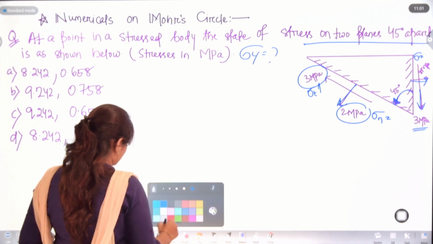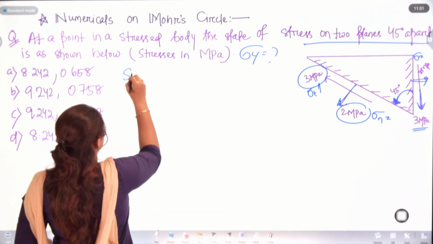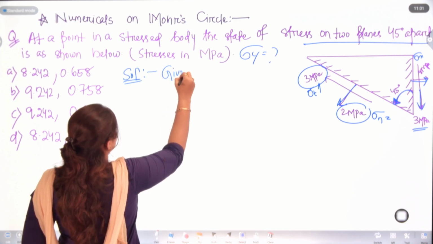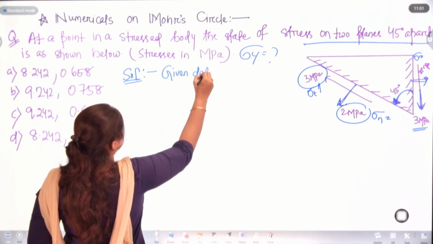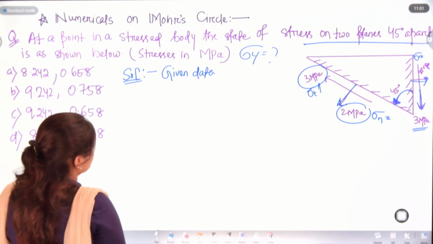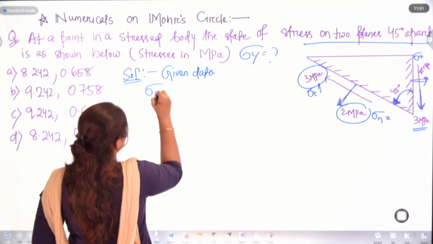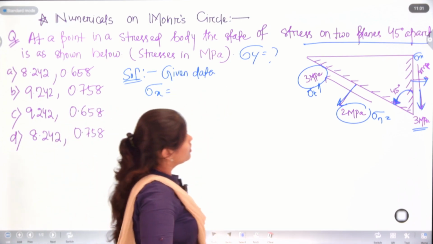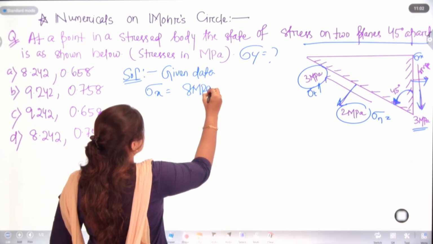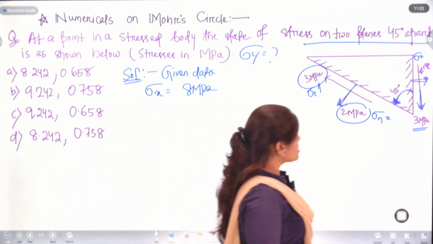So, now to solve, what are the given data? First, sigma x is given, that is 8 megapascal, in tensile direction. So, we will take that as positive.